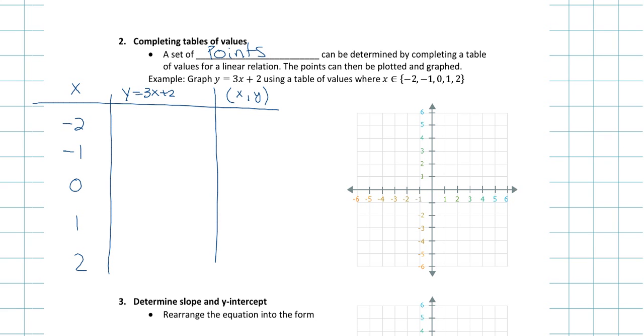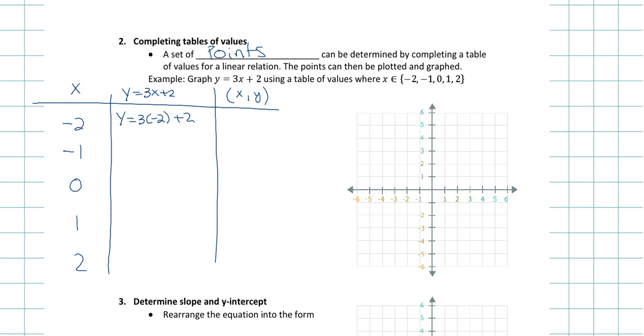All right. How do I find y? What do I do? What's x equal to for the first one? -2. So I'm going to replace x with -2. So that's going to be y equals 3 times -2 plus 2. You guys see what happened here?